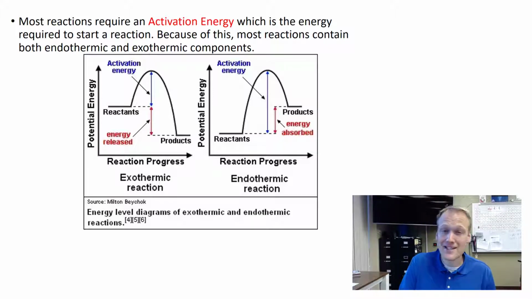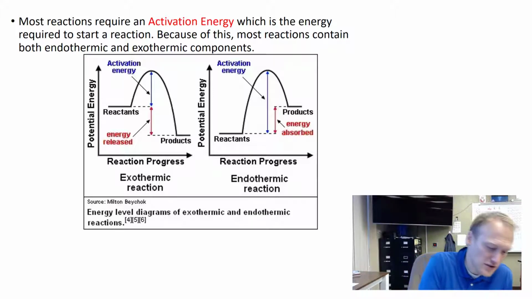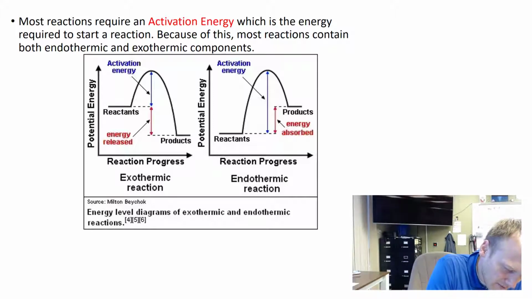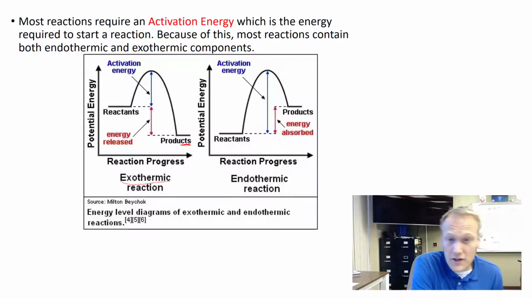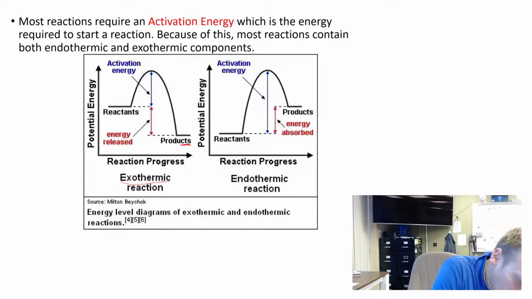A lot of times we'll see graphs that demonstrate activation energy. Let's say we have an exothermic reaction. An exothermic reaction is going to lose heat, which means the products are going to have less energy available than the reactants. A good example of this would be a match. A match has a certain amount of stored energy.